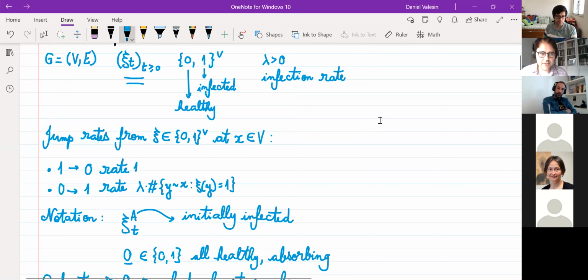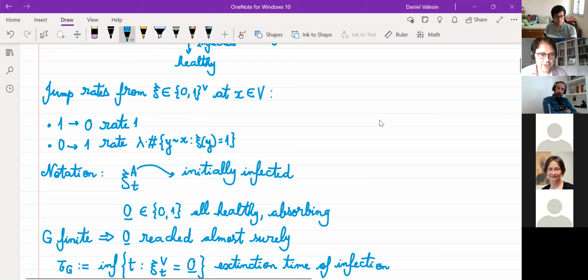And we adopt the usual notation where we write a superscript indicating the set of vertices that is infected at time 0. So here A is the set of vertices that is infected at time 0.